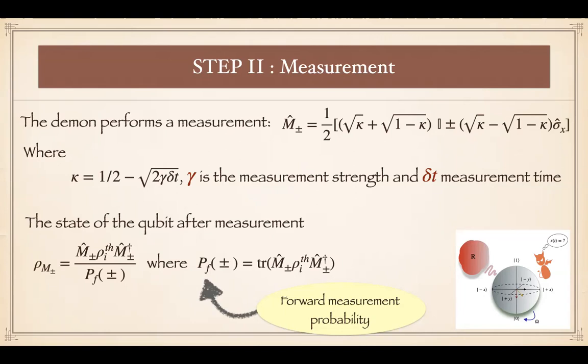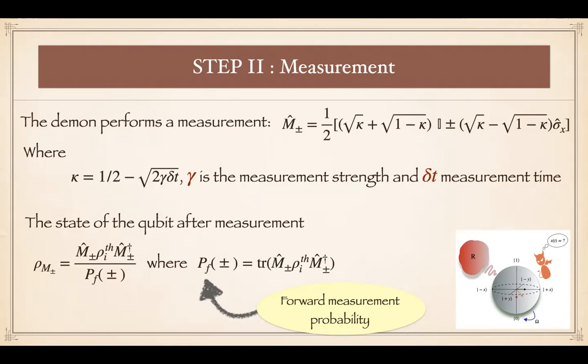You don't extract any information. So you can replace kappa with 0.5, and you see that both of these terms cancel out, and you just have this term with the identity. So the measurement doesn't do anything. You don't extract any information when kappa equals 0.5, but you extract maximum information when kappa equals 0 or 1. And you can relate this kappa to gamma and delta t, where gamma is the measurement strength and delta t is the measurement time.